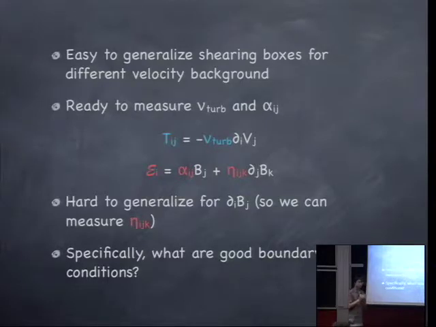As we just learned, the shearing box is a good way to calibrate the turbulent viscosity and alpha, because in a shearing box we already have a background shear.